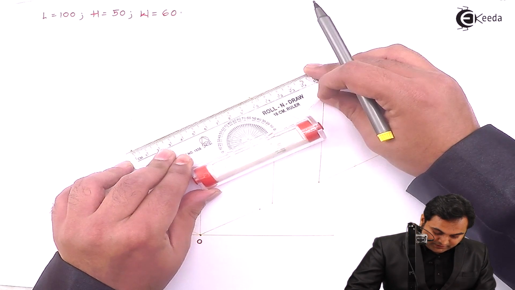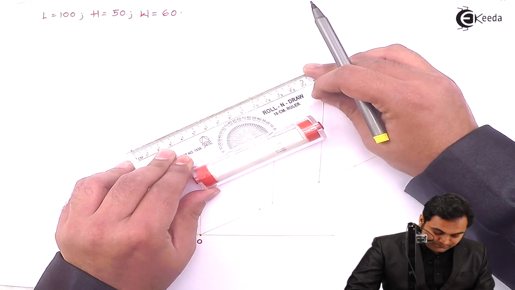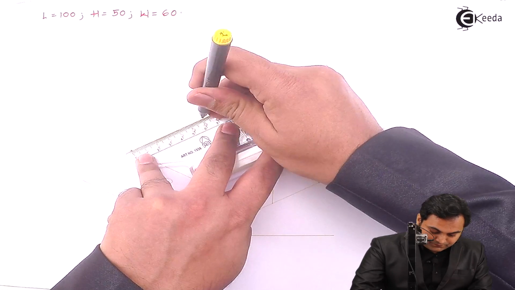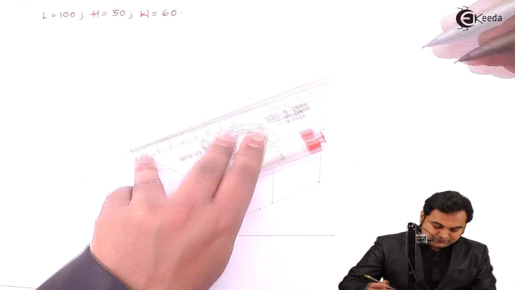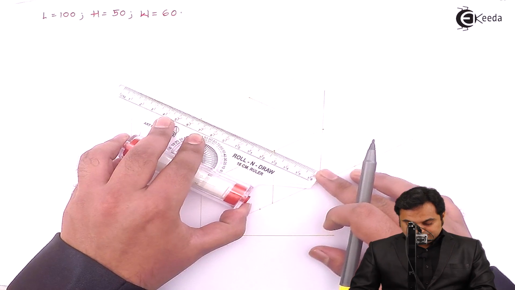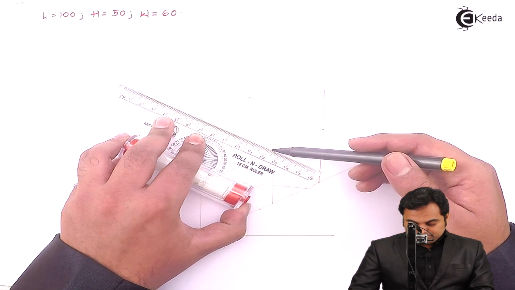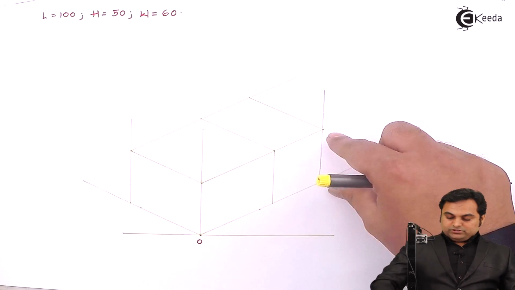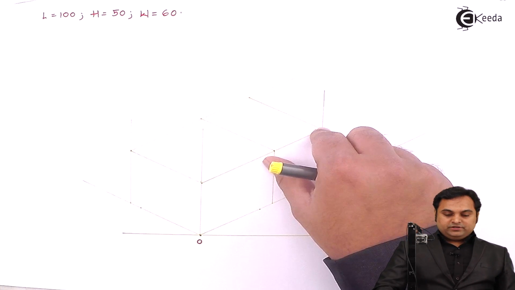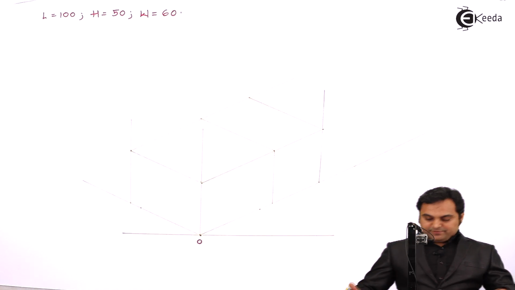Here also I am marking over this length 60 mm, joining them. Next, the block which is of 40 mm length is only up to a height of 30 mm.